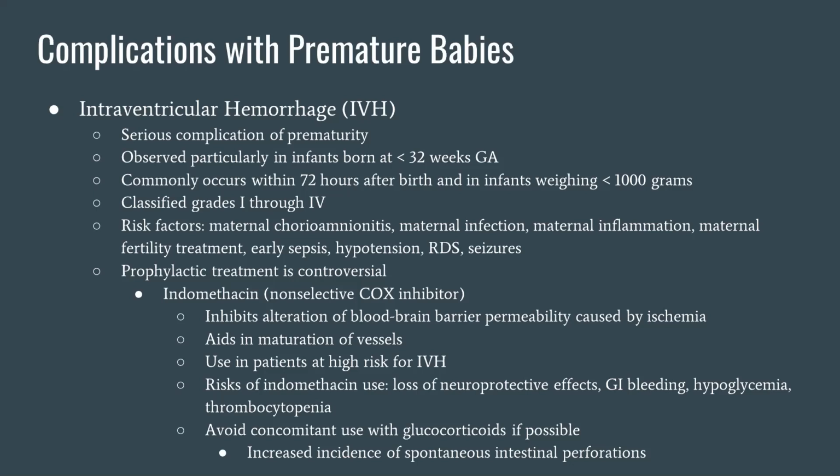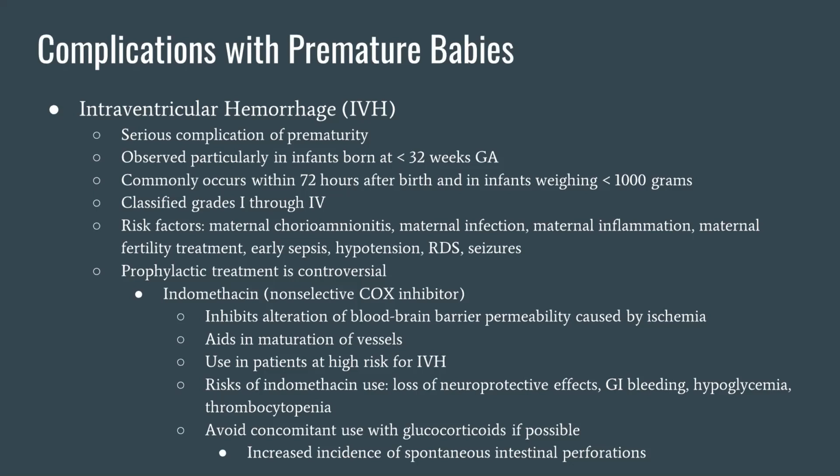So by inhibiting the synthesis of these prostaglandins, you're going to lose those neuroprotective effects, which is one of the risks of indomethacin use. But it also helps prevent the IVH by inhibiting the alteration in blood-brain barrier permeability.